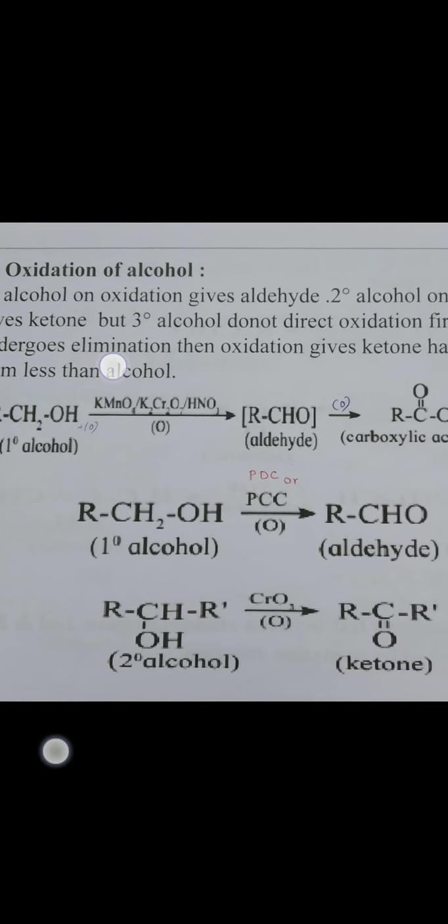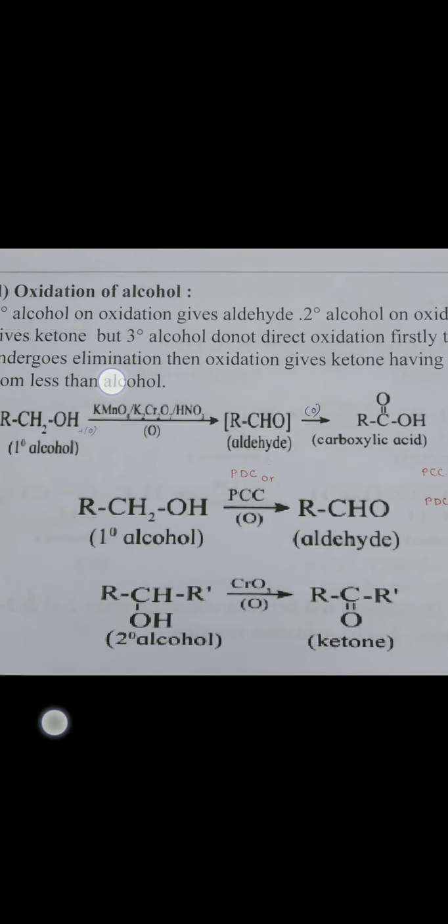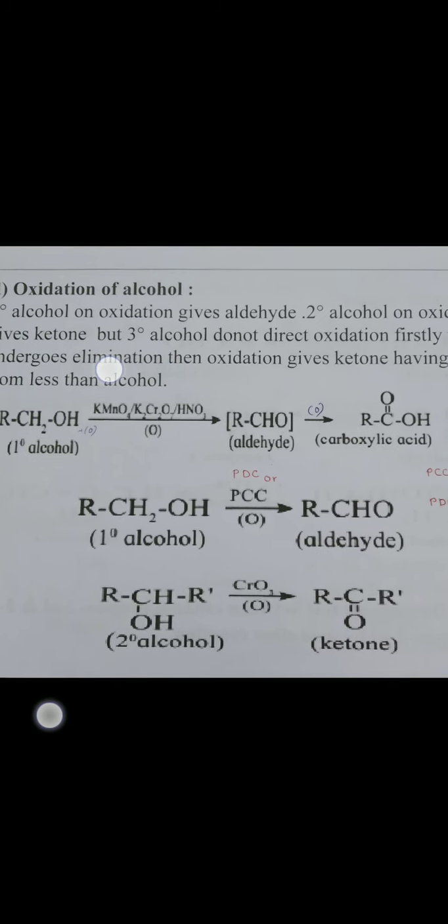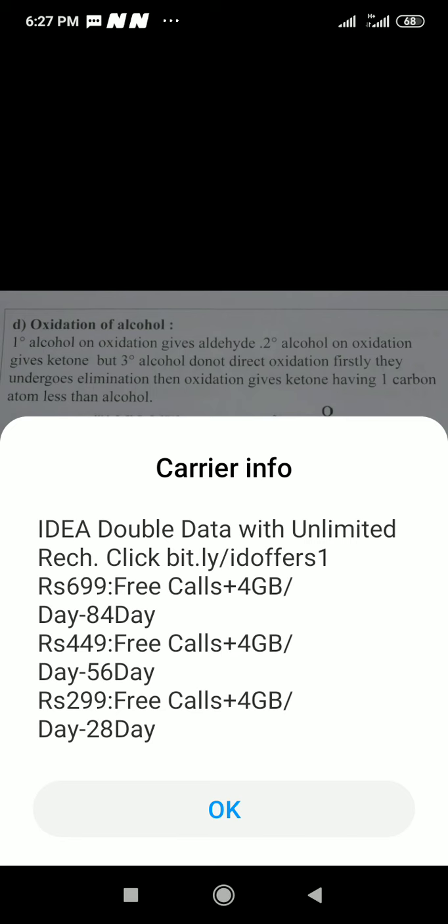It does not further convert into the carboxylic acid. Secondary alcohols, R2CHOH, on oxidation give R2CO, meaning ketones. So primary alcohols give aldehydes and secondary alcohols give ketones.